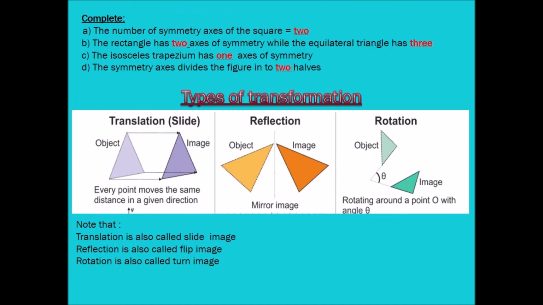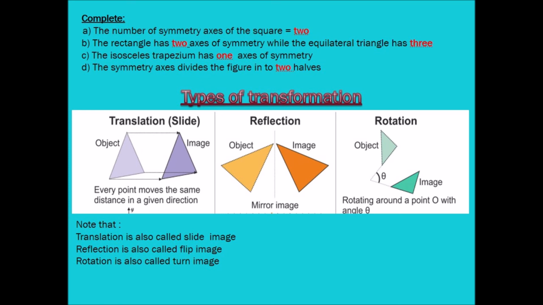Next slide. Here we have an exercise for the lines of symmetry. Here you have to complete the numbers of lines of symmetry of different shapes. Number A, the number of symmetry axes of the square. It will be 4. The rectangle has how many axes of symmetry? As we know before, the rectangle has 2 axes of symmetry.